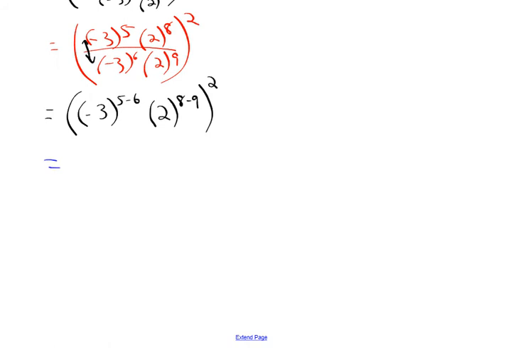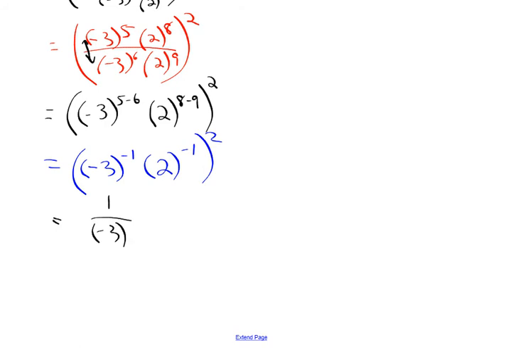Subtract those exponents. So we've got negative 3 to the negative 1 times 2 to the negative 1 squared. You got a negative exponent. Let's take those down. That would mean 1 over negative 3.